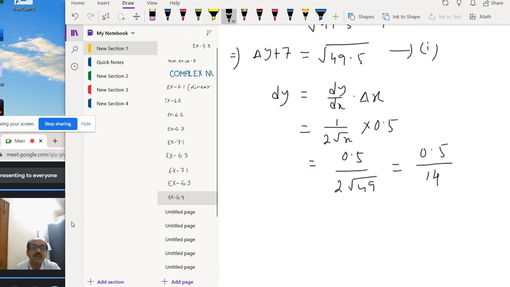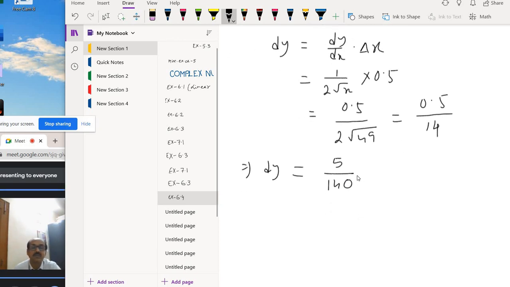Then dy is equal to 5 by 140, no? Now divide.